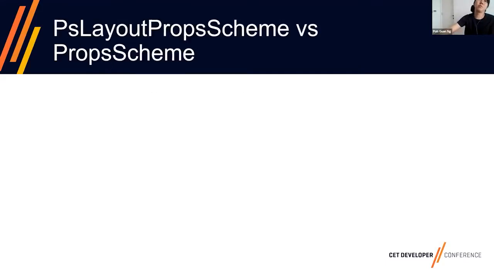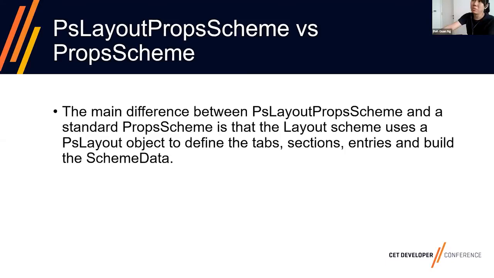Next, we're talking about layout scheme versus prop scheme. What's the difference? Why would you use one over the other? The main difference is that the layout scheme uses a layout, and this layout is the object that defines the tabs, the sections, and the entries.